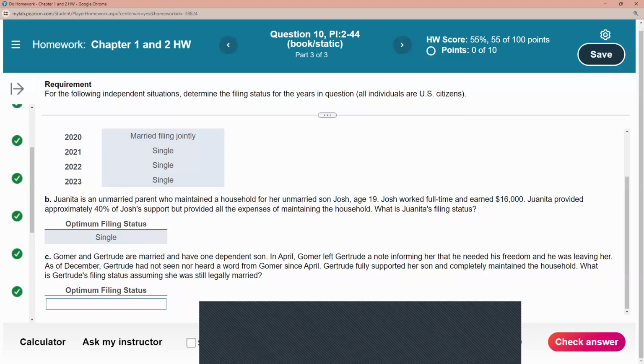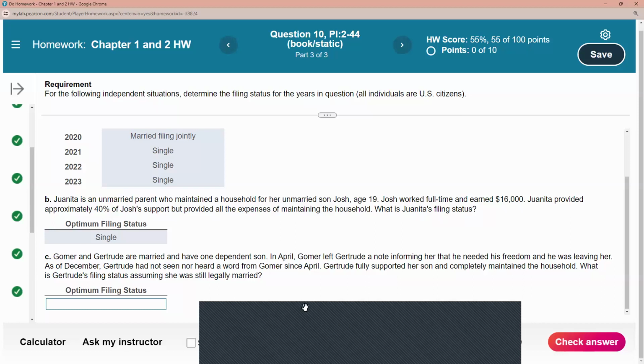So a married individual can claim a head of household status, which has a more favorable tax rate under the following circumstances. First and foremost, they have to live apart from his or her spouse for the last 6 months of the year. The taxpayer has to pay over half of the cost of maintaining a household in which the taxpayer's dependent son or daughter lives for over half of the year, and the taxpayer must be a U.S. citizen or resident.